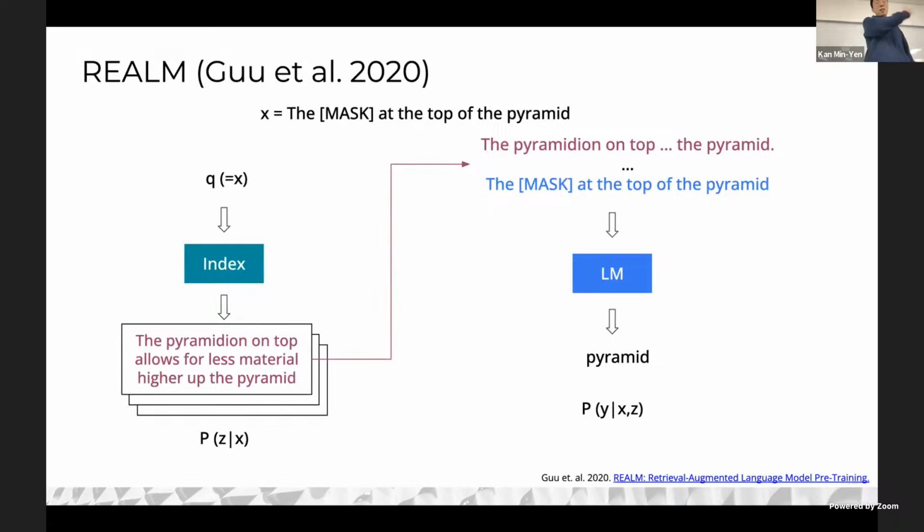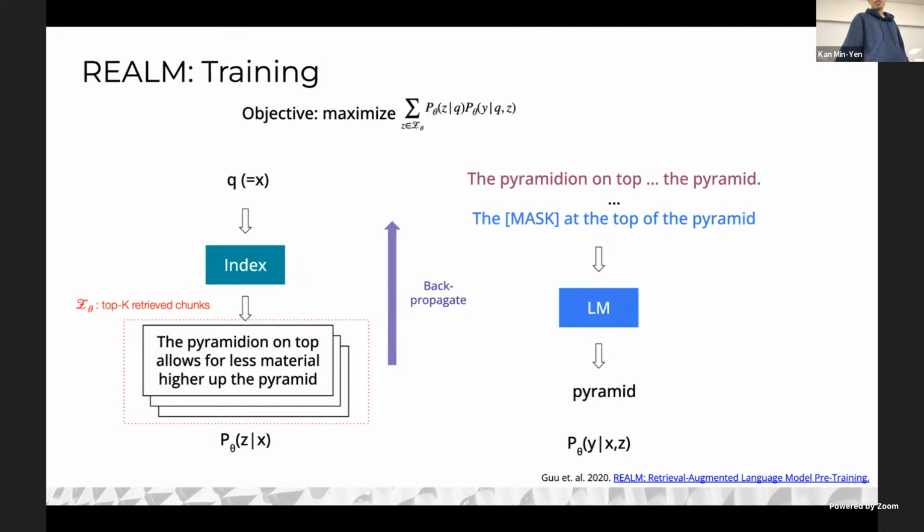Let's look at one example here. This is basically REALM, and essentially it is all the same: we take the relevant K chunks, concatenate them together with the input, and feed them to the LLM to get the final results. So how do we apply the idea?